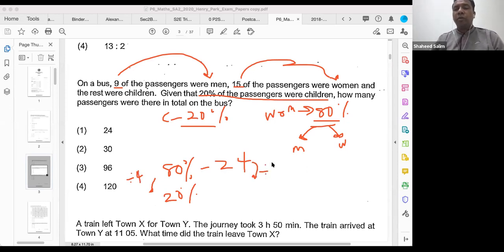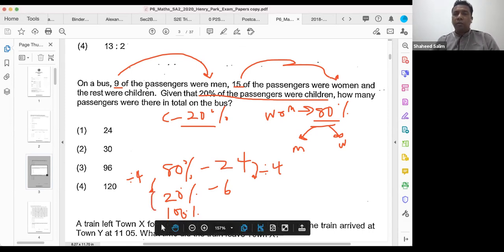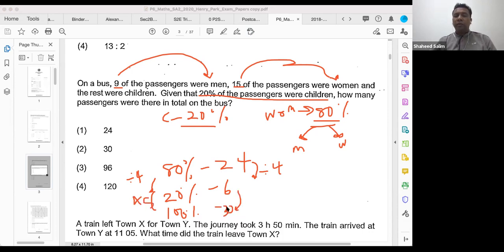When you divide by 4, you get 6. 20% is 6. Then you want to find 100%. How to find 100%? You times by 5. You times by 5 down here. As Akil says, you get 30.